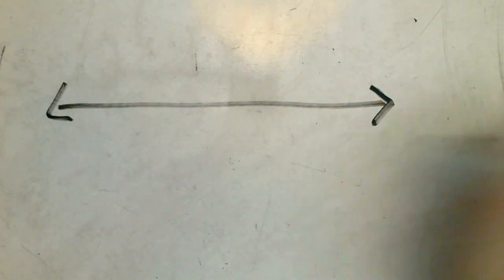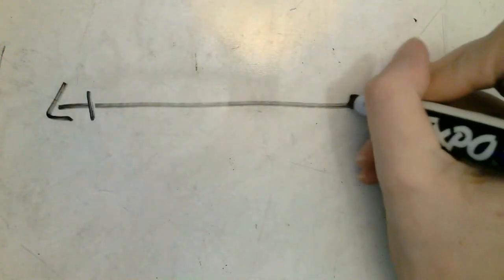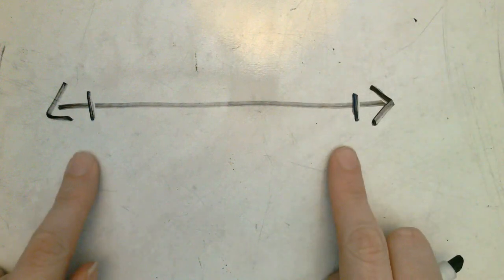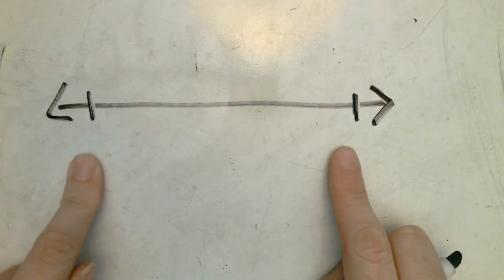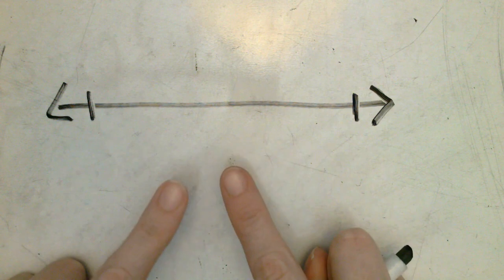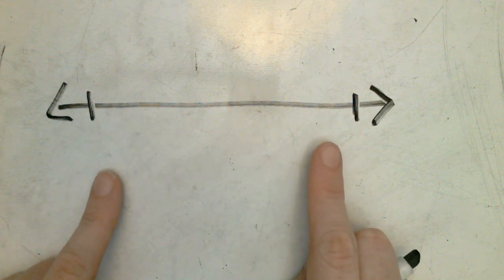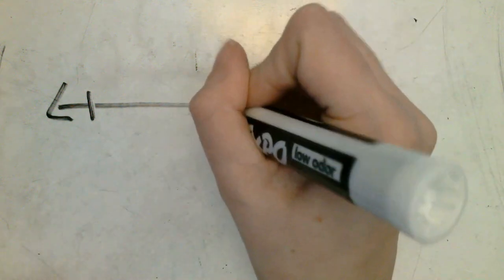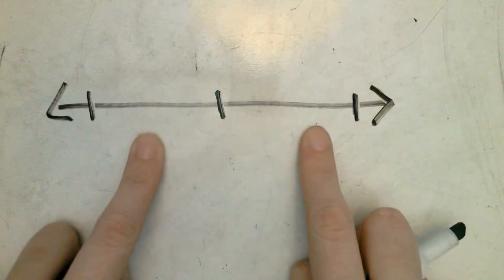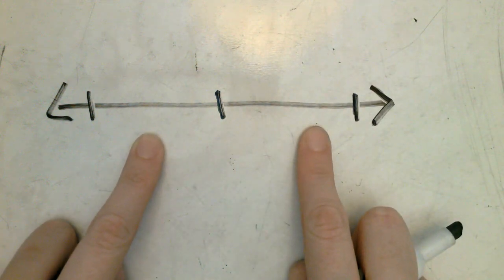For this first homework activity, we're going to practice constructing a number line using fractions. Let's start off by drawing a number line on our whiteboards. For your number line, on the left and right side, put little dashes for our numbers. On our number line, now that it is partitioned into two equal parts, we are going to split it down the middle. So we have two separate parts.